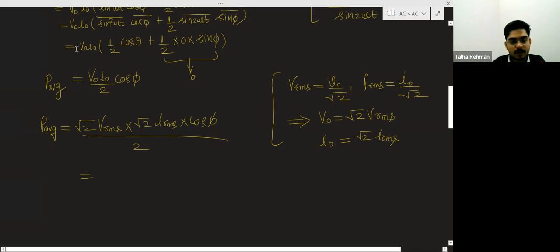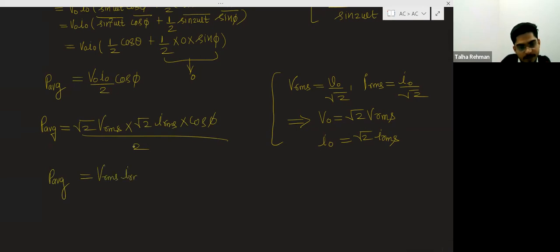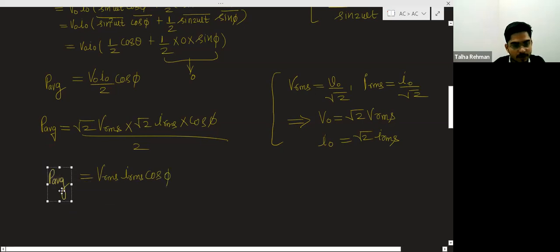Now see, root 2 and root 2 multiplied becomes 2, and 2 and 2 will be cancelled out. So average power will be VRMS IRMS into cos phi. Basically, this is the average power of the AC circuit we will get.